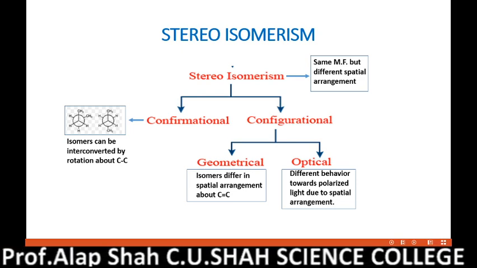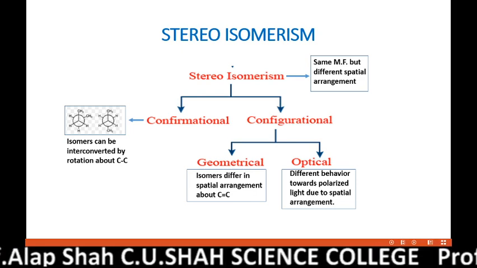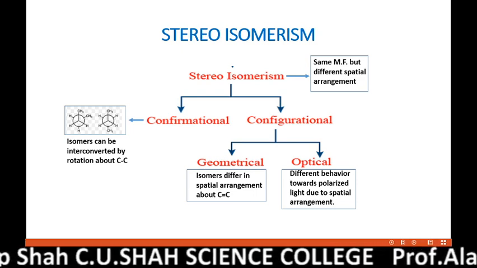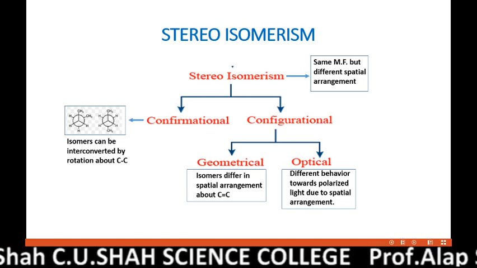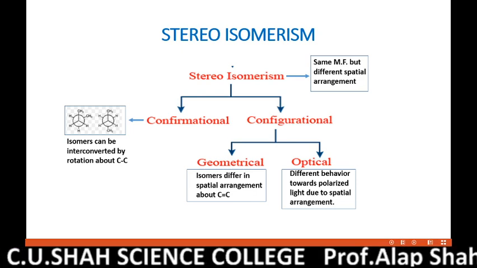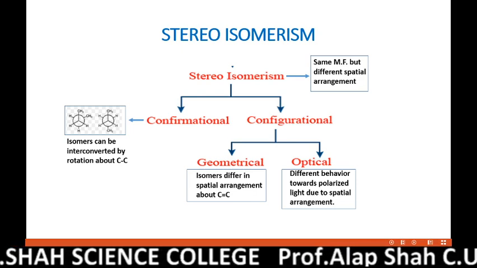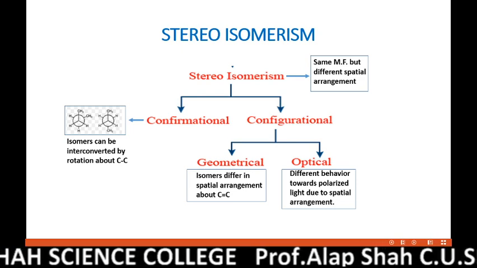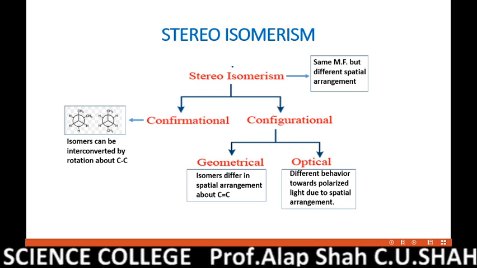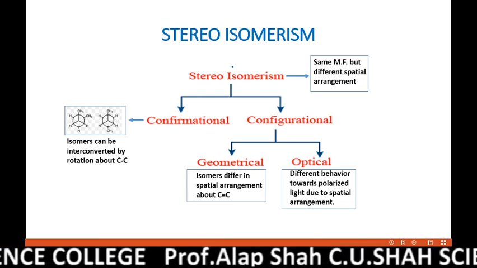Whenever we rotate a carbon single bond carbon, especially carbon 2 and 3, these isomers can be interconverted into each other. Those isomers which can be interconverted by rotation about a carbon single bond carbon are called conformational isomers. And configurational isomers are further classified into geometrical and optical.